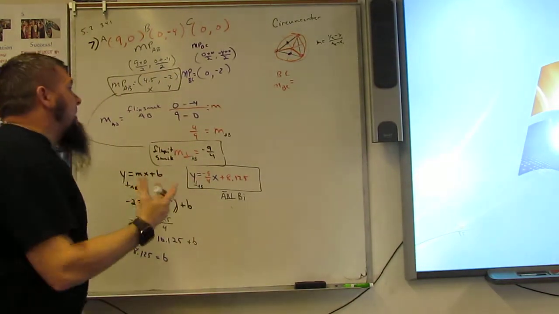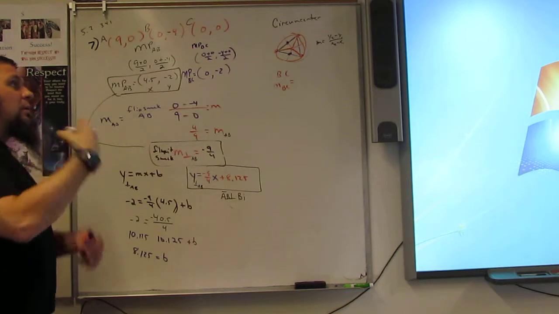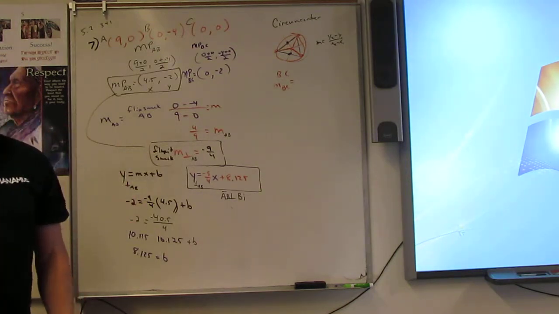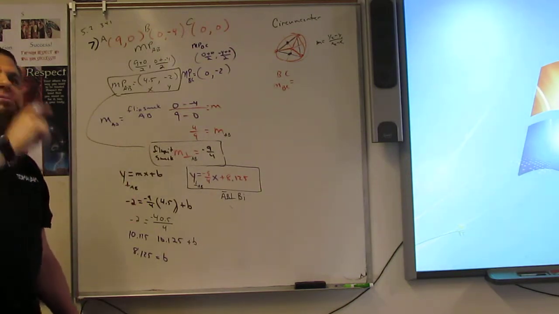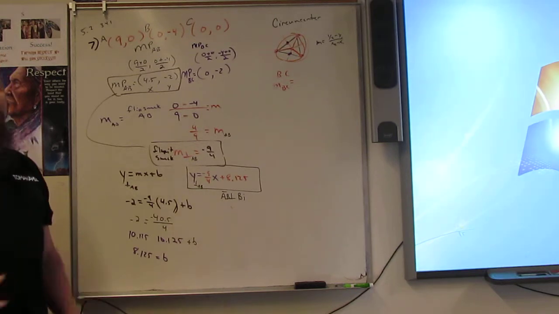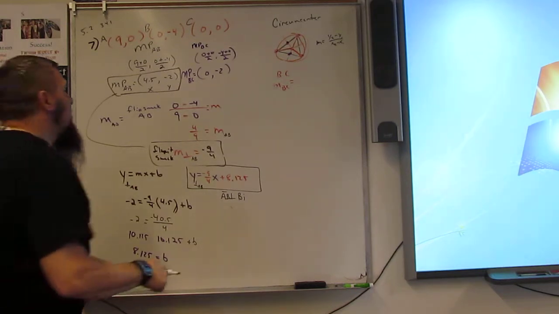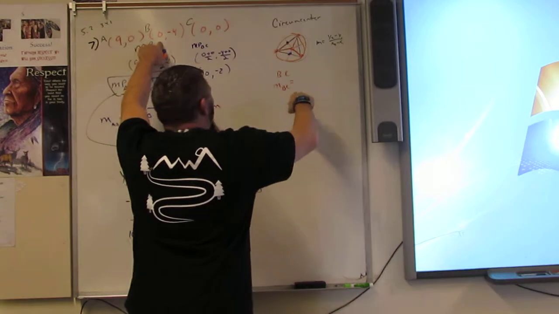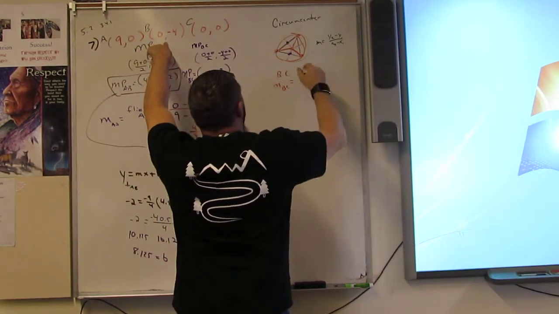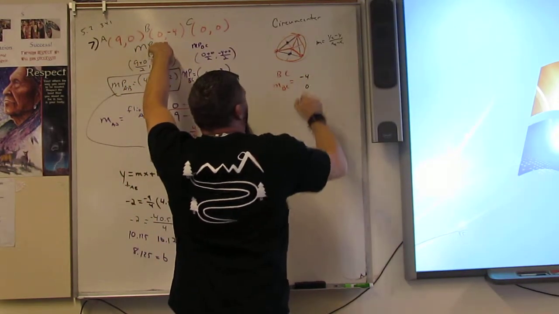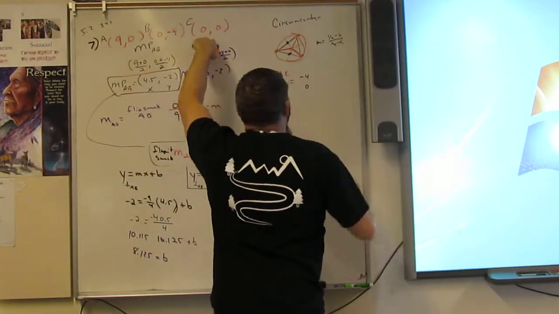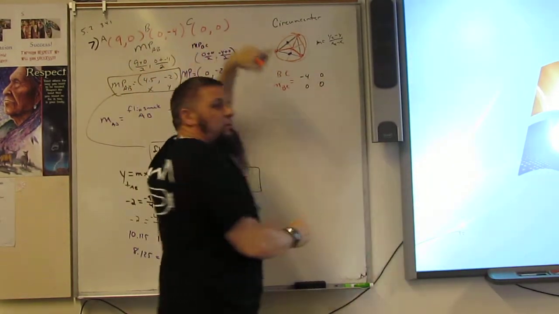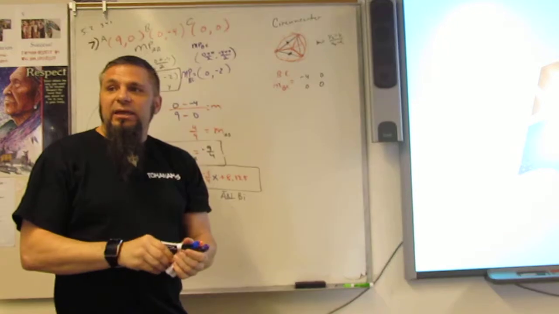But we just remember that as flip it and smack it, or stack it and smack it. Stacking it where the y is on top. So if I'm doing B, I'm going to go, okay, negative 4 over 0. C, 0 over 0. And then I smack it.